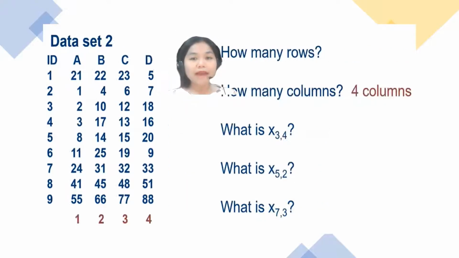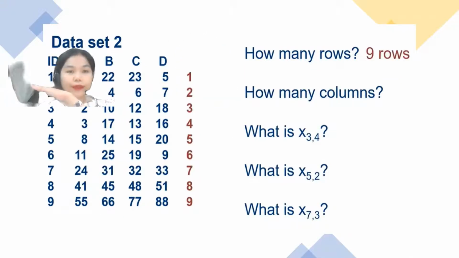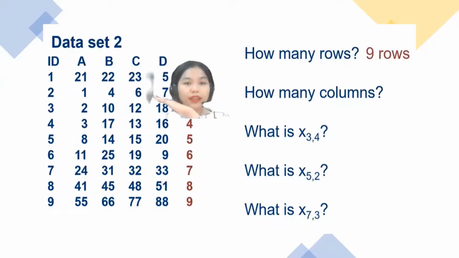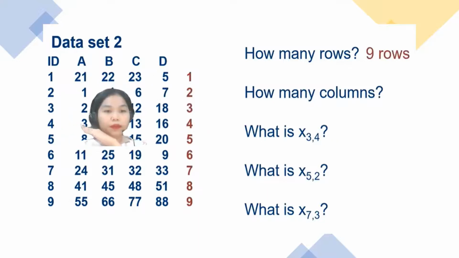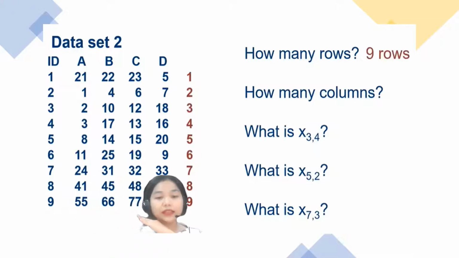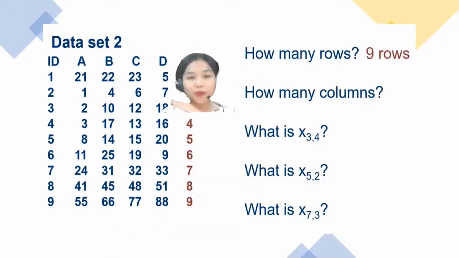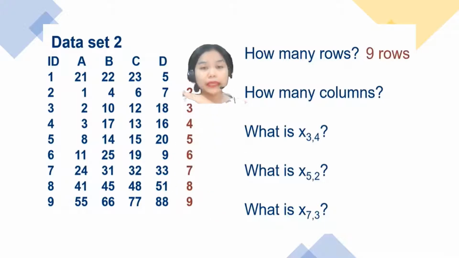So here we have 9 rows: the first row, the second row, the third row, the fourth row, the fifth one, sixth, and until the very last row, which is the ninth row. So there are 9 rows in this two-way table.